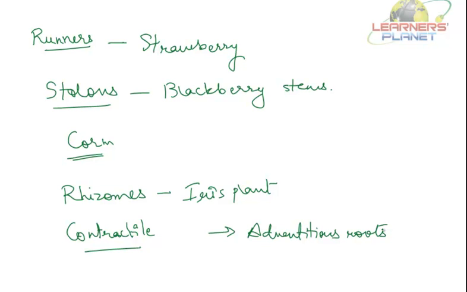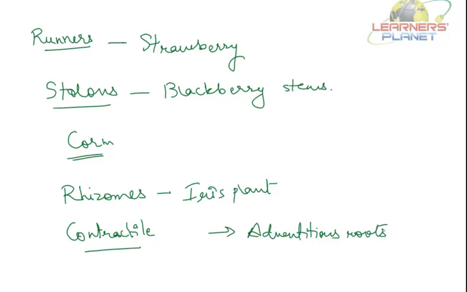So in this way, we can say that by natural methods of vegetative propagation, there are many plants which grow with the different types of underground stem. Right? Different types of underground stem means they are modified underground stems, like rhizomes, bulbs, tubers, corms.